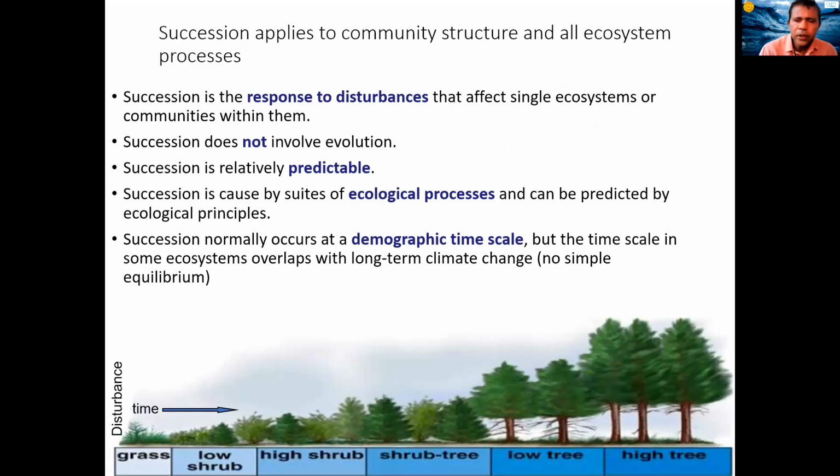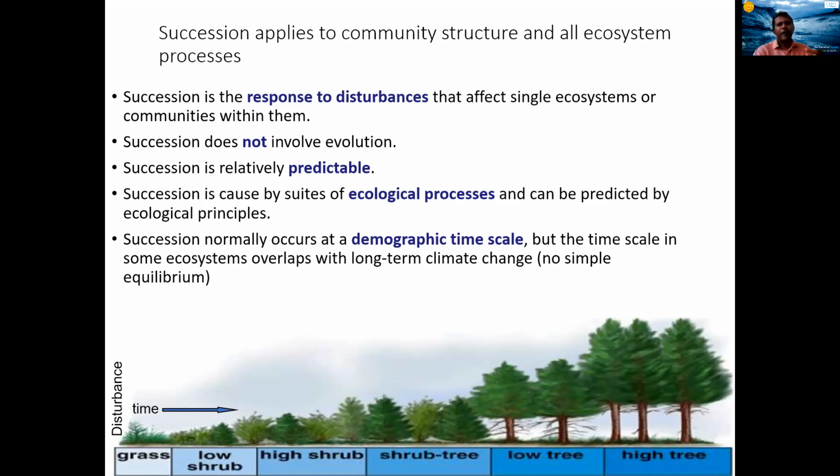Right. So some of the concepts with ecological succession is that the succession is a response to disturbance, right? In many cases the succession is actually a response to disturbance, just like your skin when it gets hurt and it will repair by its repair mechanisms.